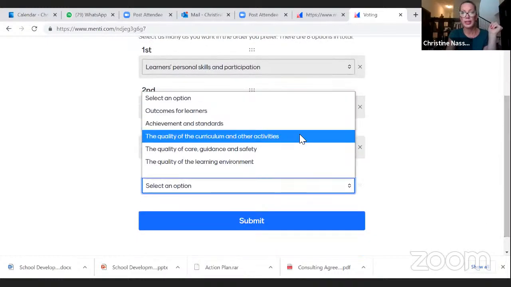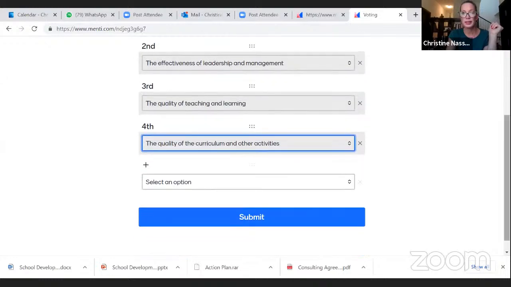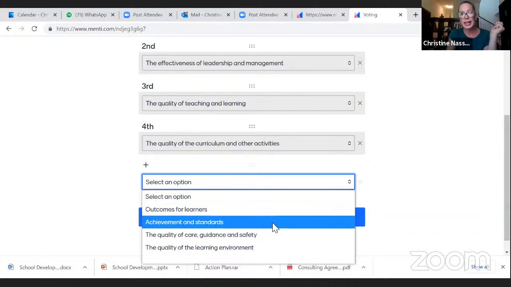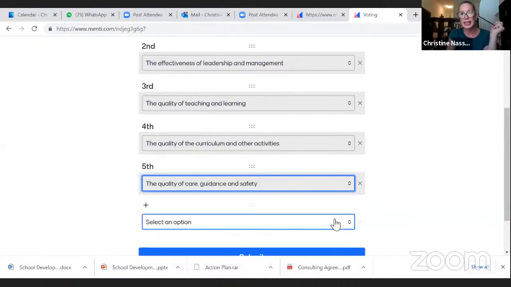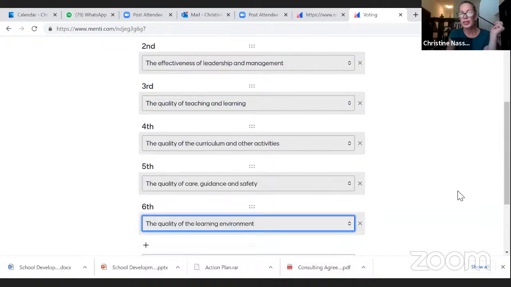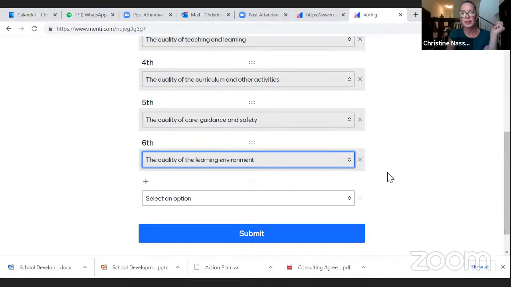Quality of curriculum. It's actually my own children go to a new-ish school. Oops, I just said which school it is, sort of on the board of theirs. But I would say they do care, guidance, and safety next. Quality of the learning environment.